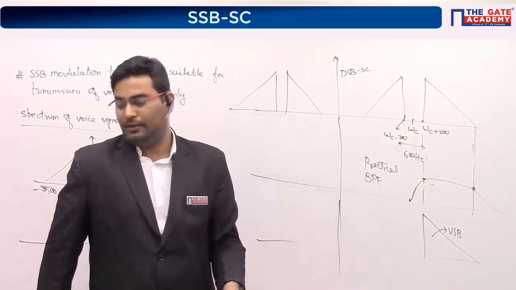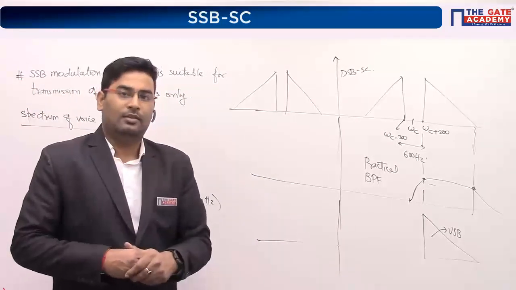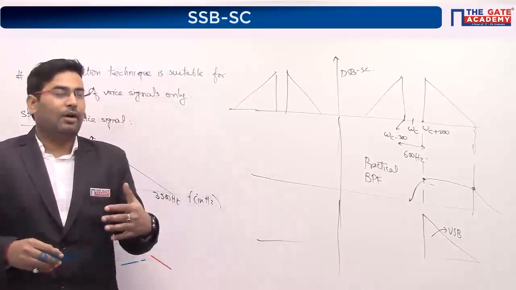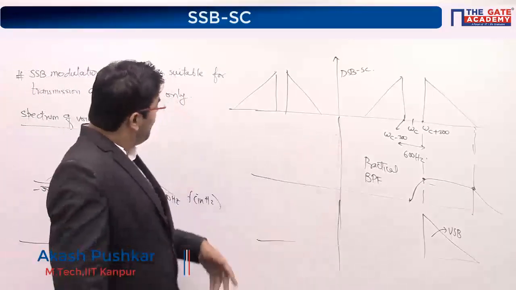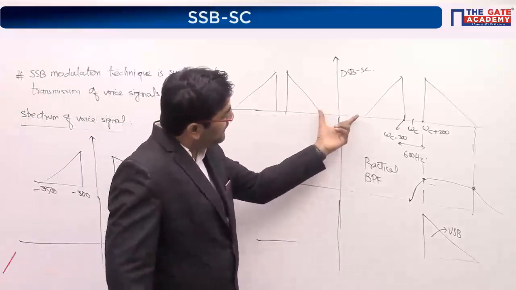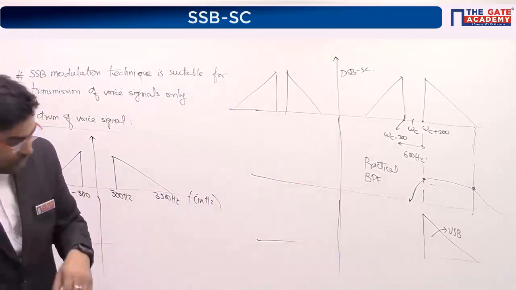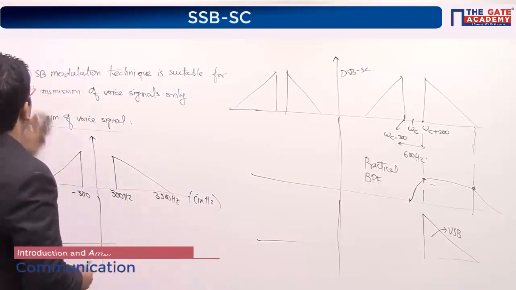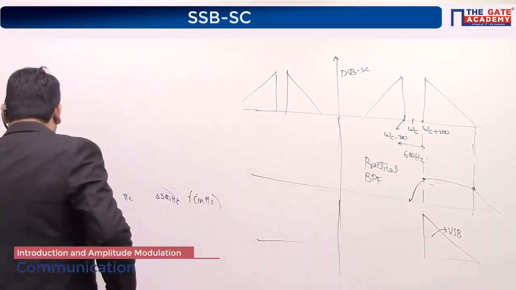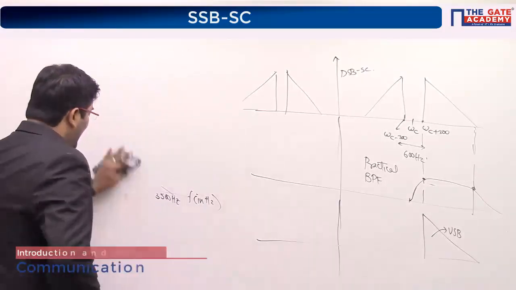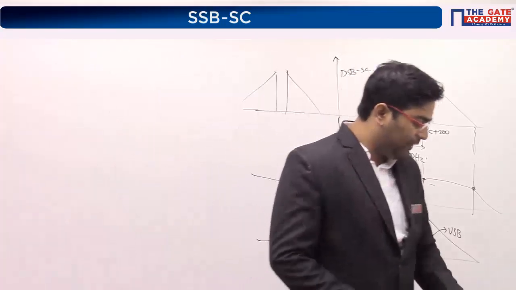Are you getting my point, guys? Why can SSB modulation not be used for any general signal? It has to be used for a signal which does not have significant low frequency components. And if there is nothing at f equal to 0, it will have some guard band when it goes into DSB. So write that as a very important point.